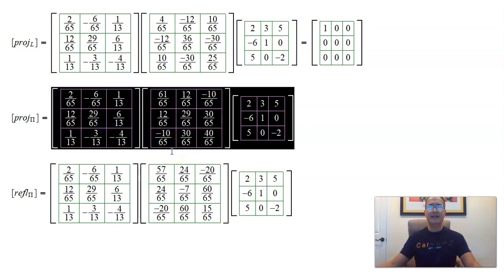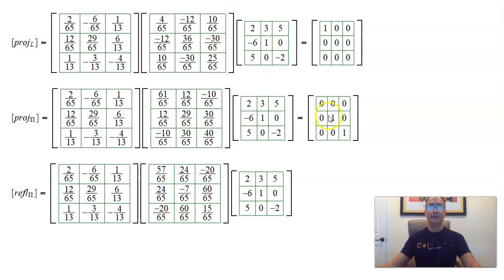I'll give you a little time to think about it. This time, who turns into 0? Ready? This time, if you're on the line, you turn into the 0 vector. If you're on the plane, you stay the same vector.